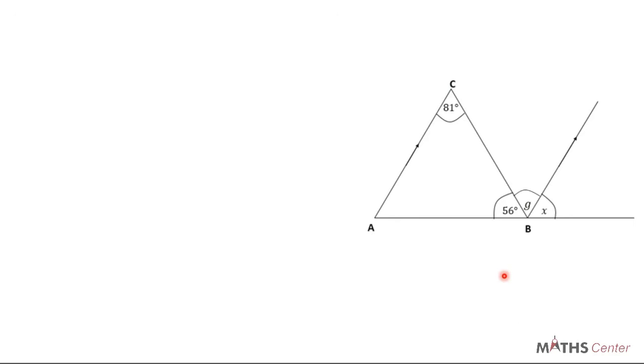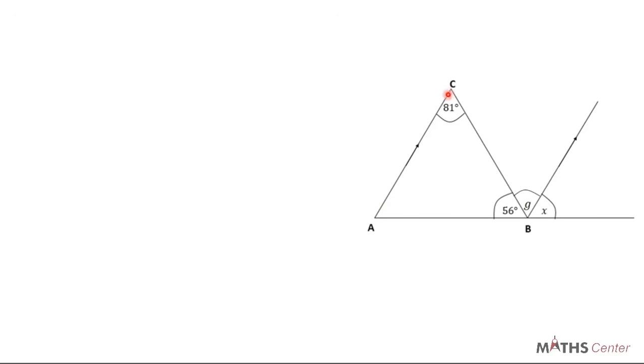Now looking at the diagram very carefully, we are going to assume that this angle here, the empty angle here, is G. Now consider the position of G and 81 degrees, and you will see that G and 81 degrees are alternate angles. Look at it very carefully.